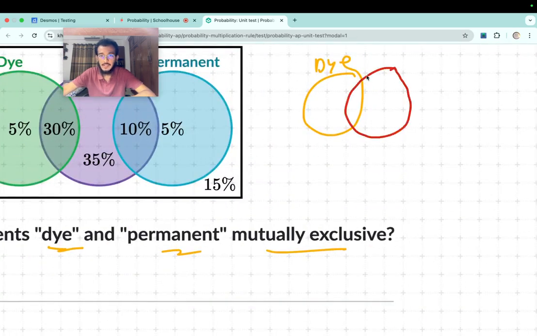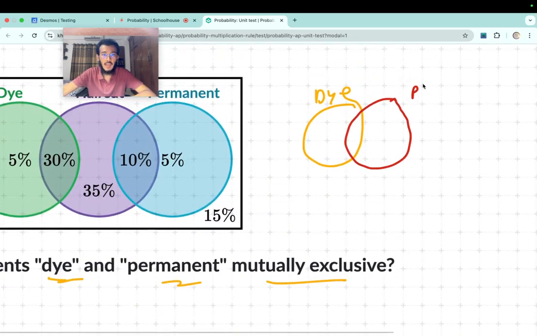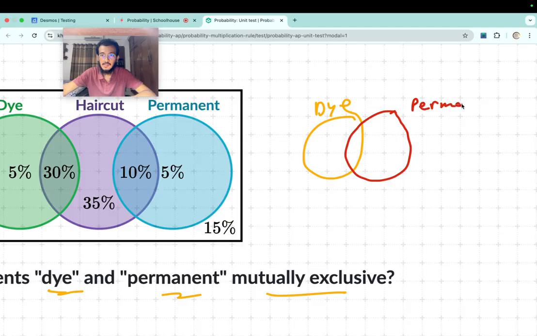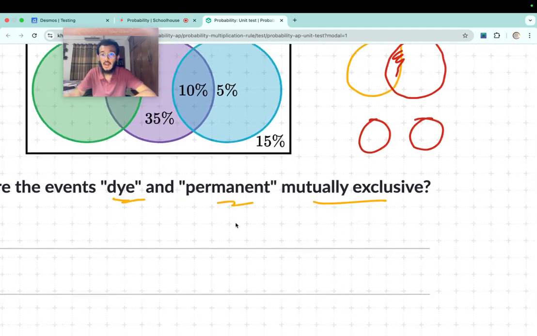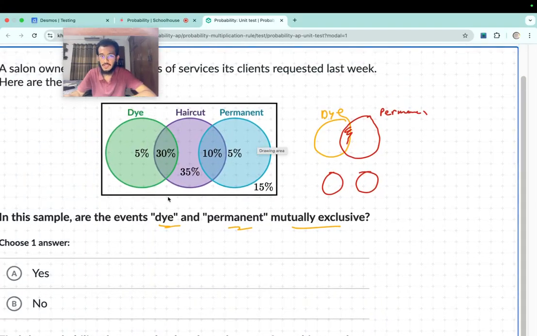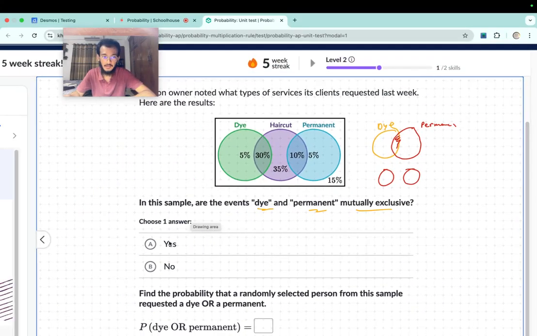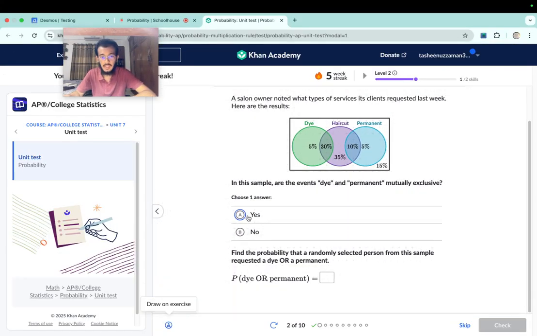If there was an intersection, it would have been like this, but it is completely different, with no intersection. So they are mutually exclusive. If you have dye, you can't have permanent. If you have permanent, you can't have dye. So I'll select yes for the first question.